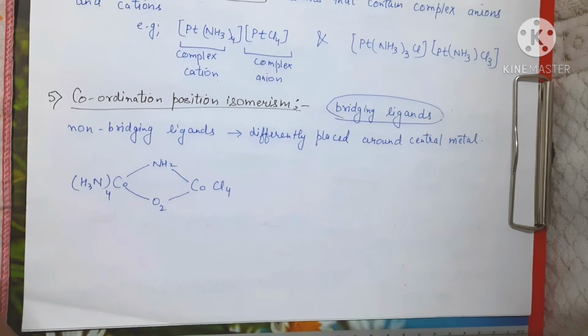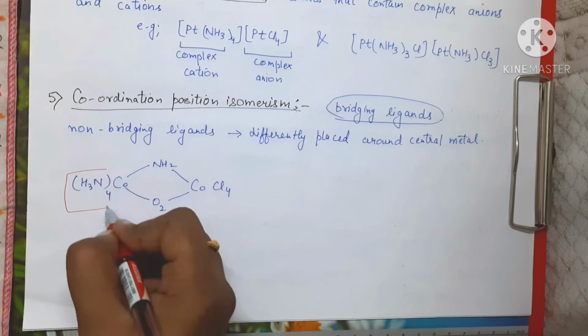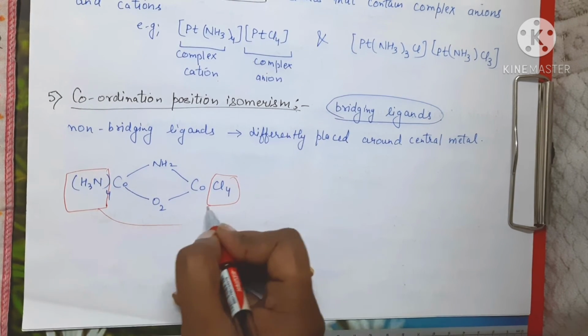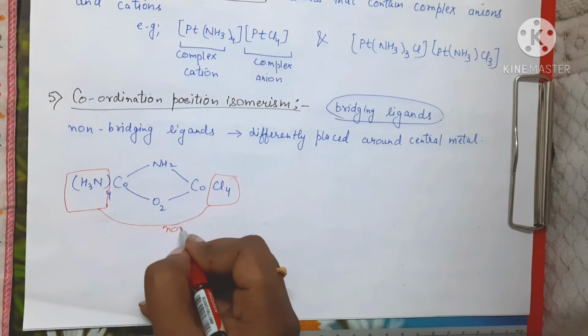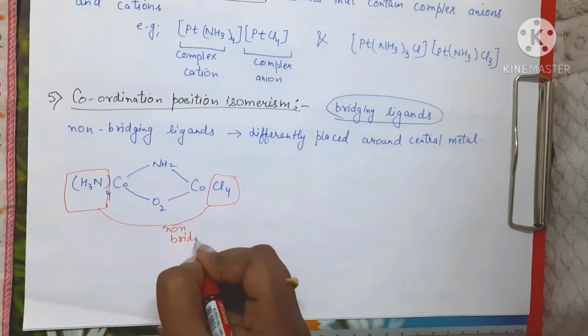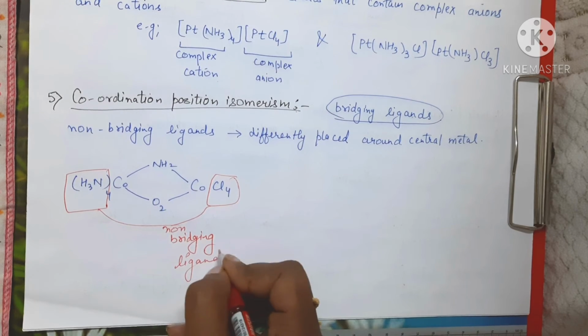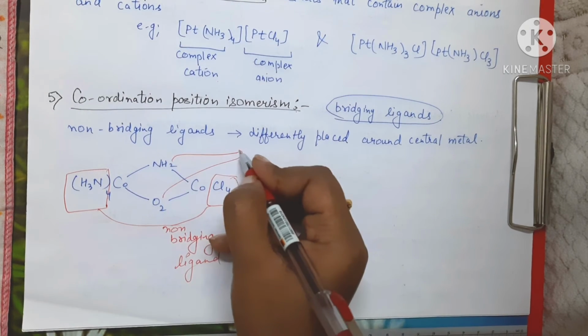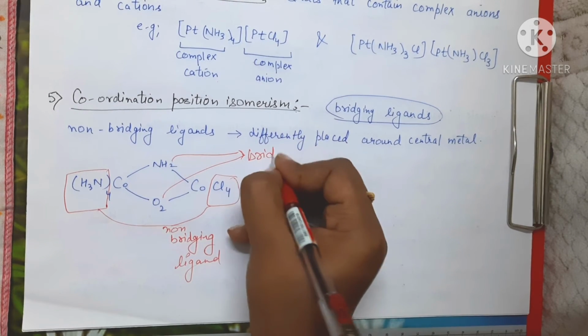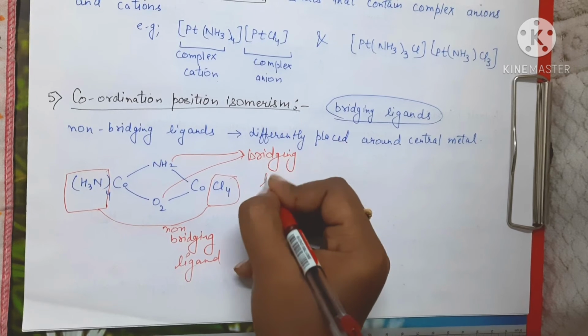These are the non-bridging ligands, this one and this one, and this and this are bridging ligands.